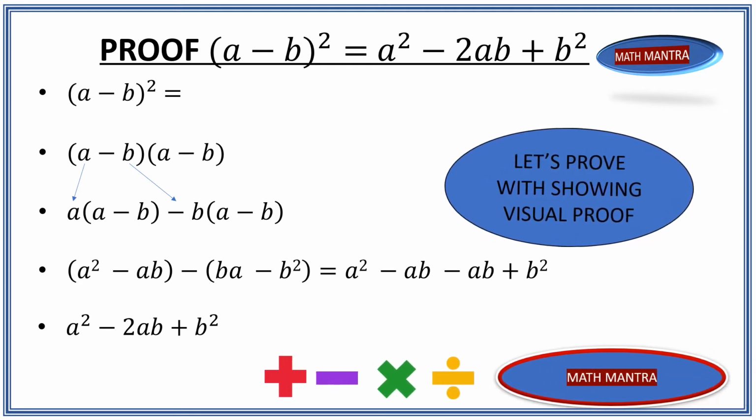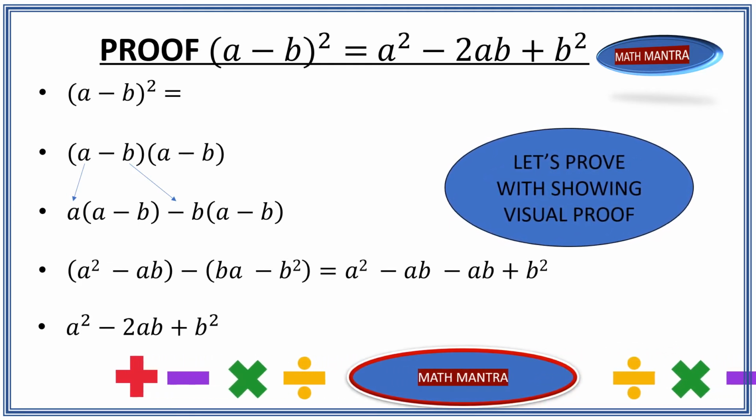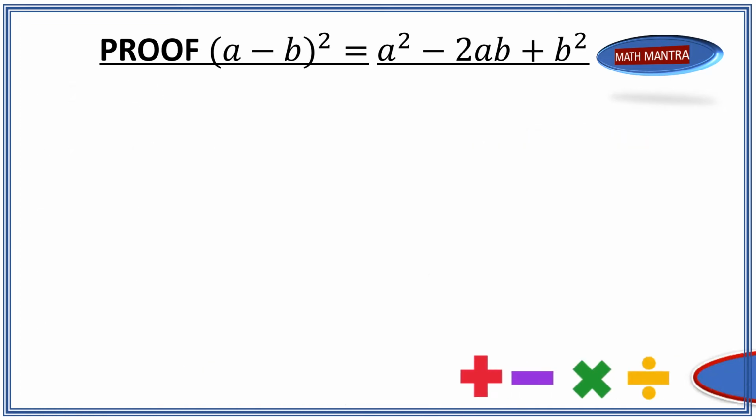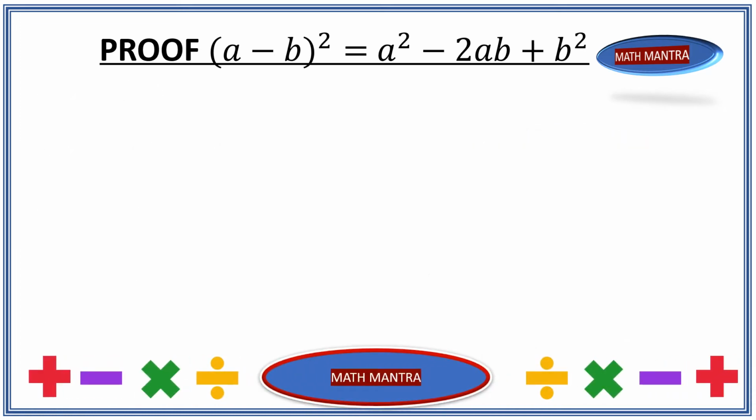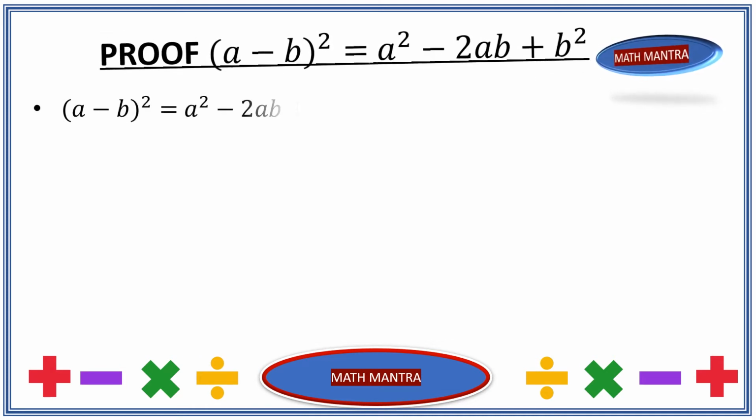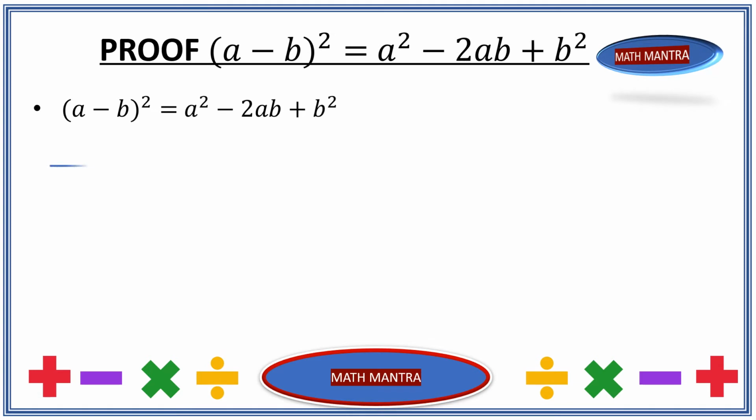When I say graphical way, I should say more like a visual way with the shapes. So in order to prove visually that the equation (a minus b) the whole square expands to a square minus 2ab plus b square, let's draw a line segment and call it a. Let's draw another line segment, call it b.